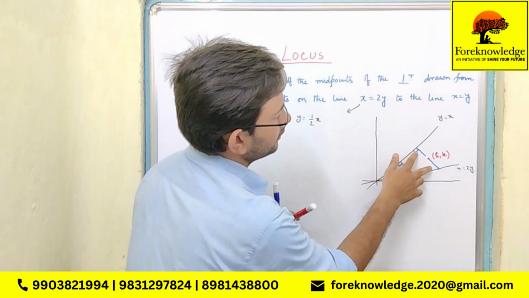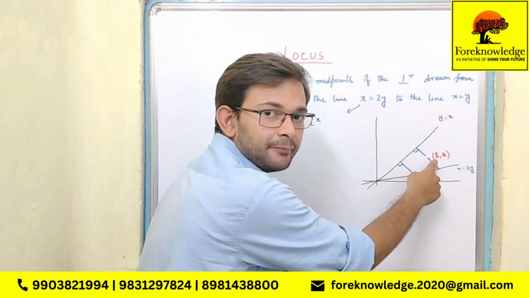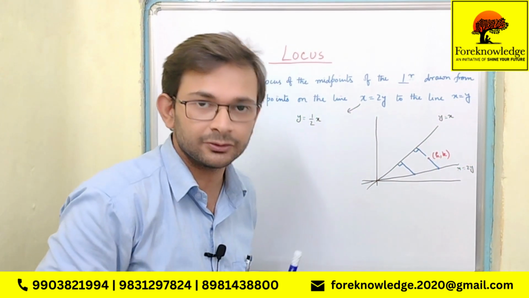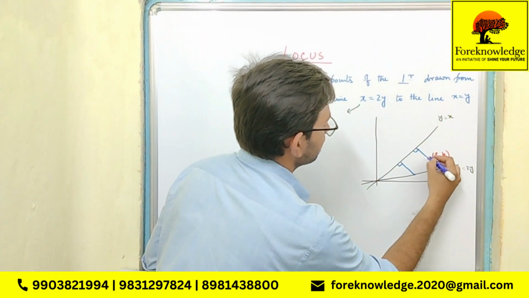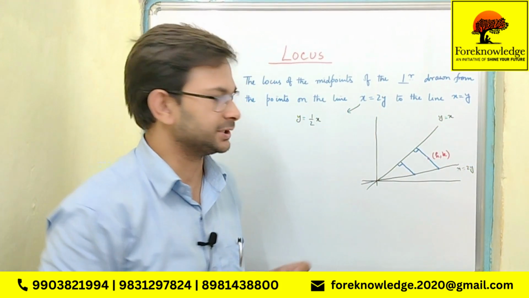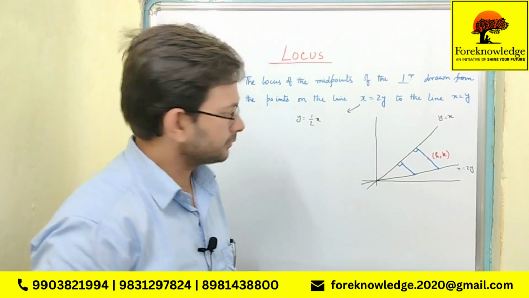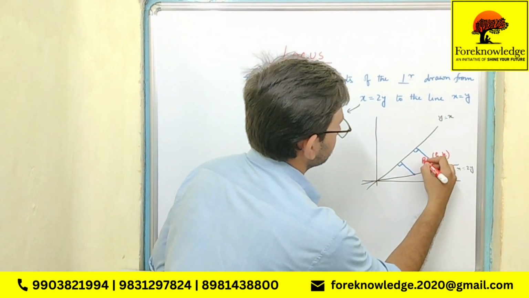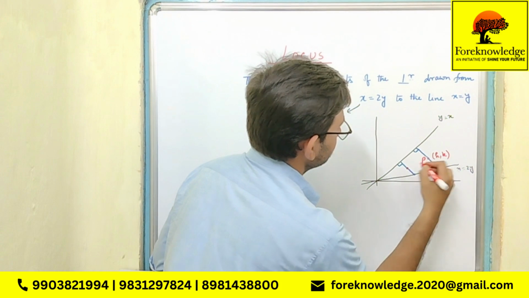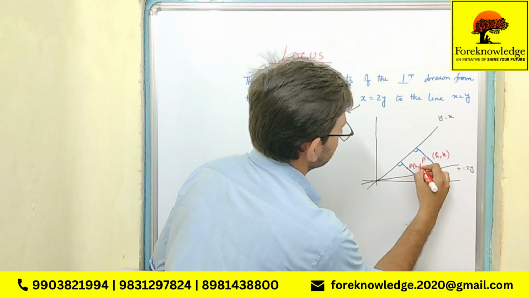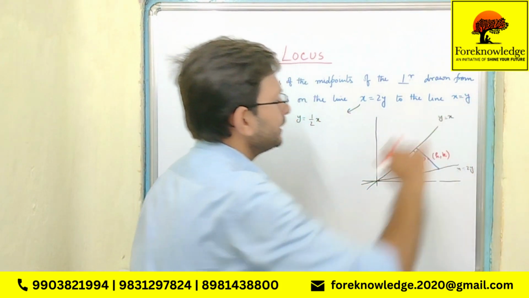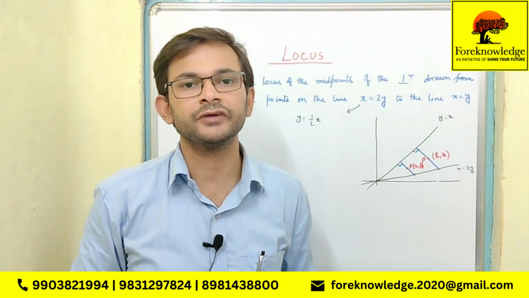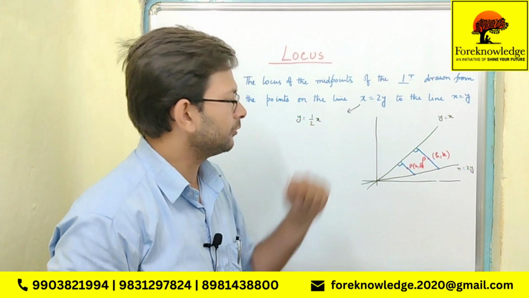This is the perpendicular. Its midpoint I am denoting as h, k, because the algorithm says so. Here this is the point P, and this is the midpoint, h comma k. So how the midpoint is moving, that is what we have to find out.